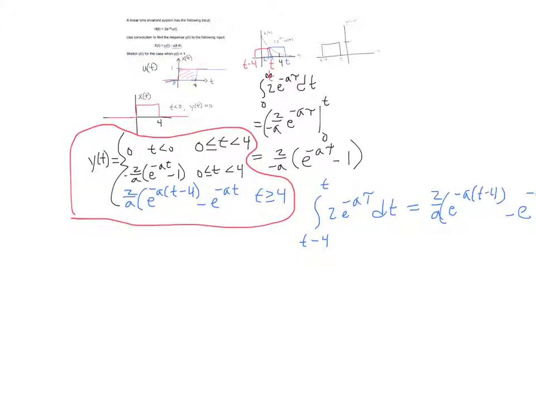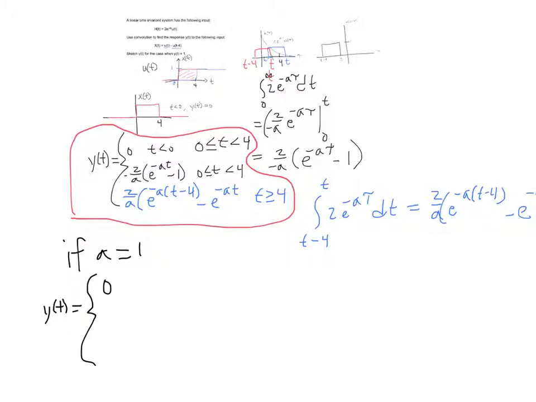So you've done the convolution now for the complete range where they overlap. So if a is equal to 1, you just plug 1 in for a.